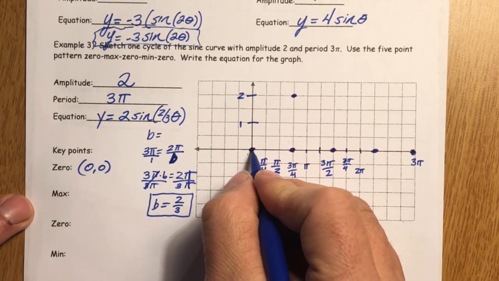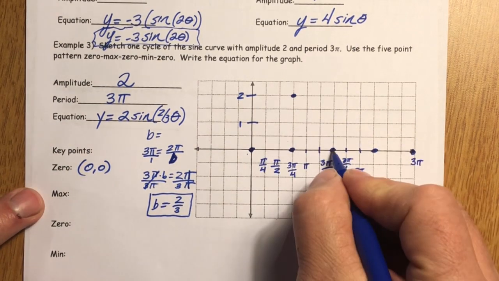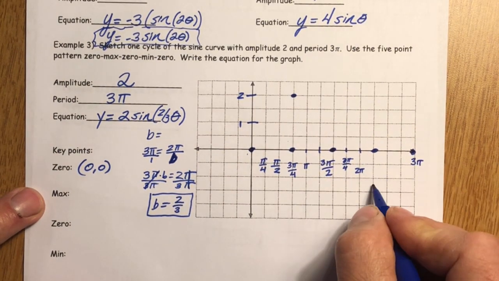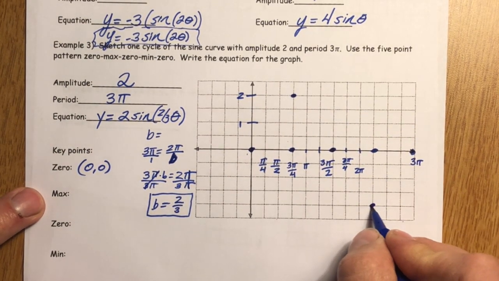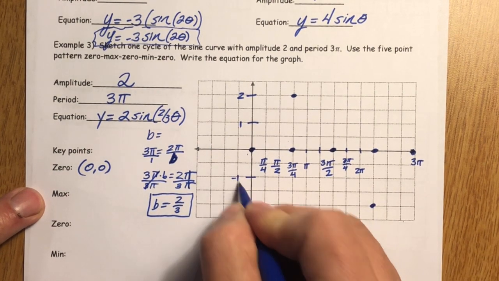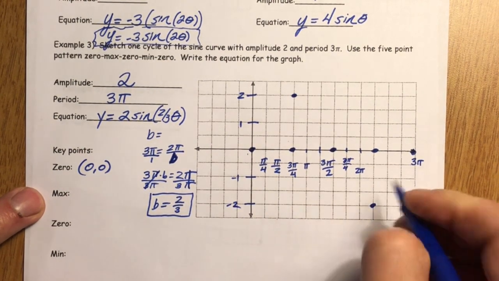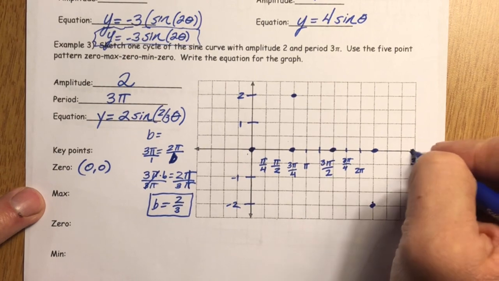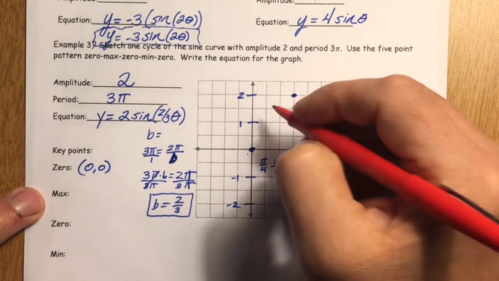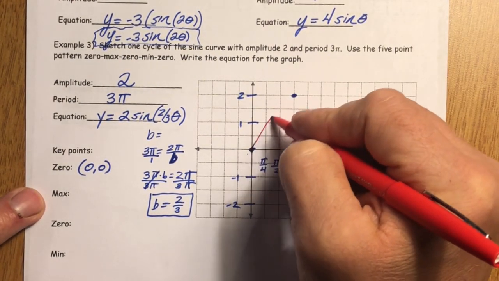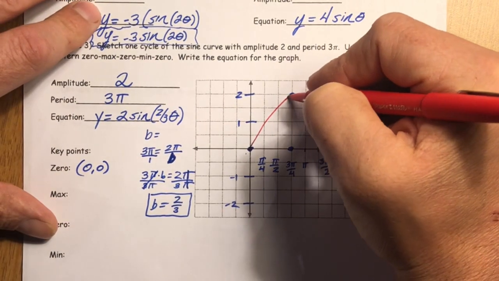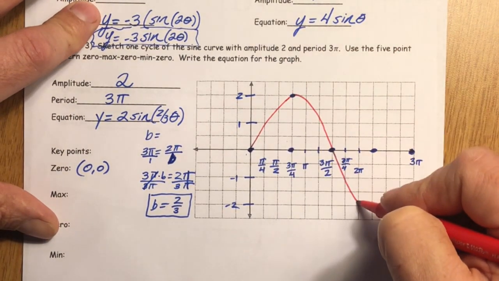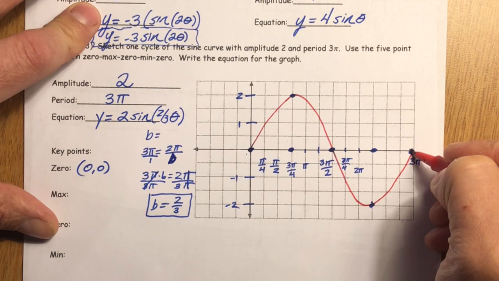I'm going to go 0, max, back down to 0. My minimum is going to be -2 because this is -1, this is -2, and then back down to 0. So here are my 5 numbers again, guys: 0, max, 0, min, 0.